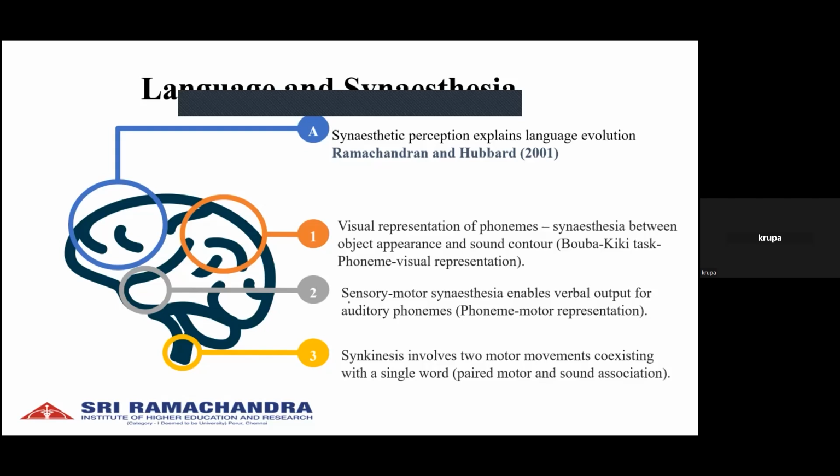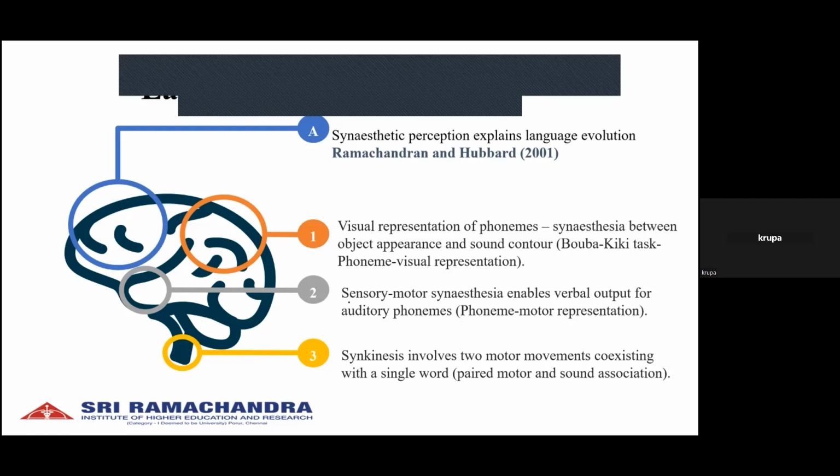The article of Ramachandran and Hubbard 2001 claims that proto language evolution would not necessarily have evolved because of natural selection, but that synesthetic perception explains language evolution. They have 3 claims. One such claim is the visual representation of phonemes, the classic Bouba Kiki task, which gives us that understanding.